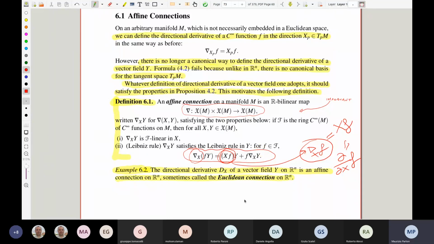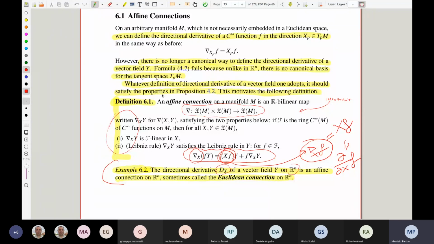Okay, first example of an affine connection on a manifold. Well, take Rn and take the directional derivative. This is an example of something satisfying these axioms. Do you agree? Well, these axioms were taken from that, so it's the other way around, actually.